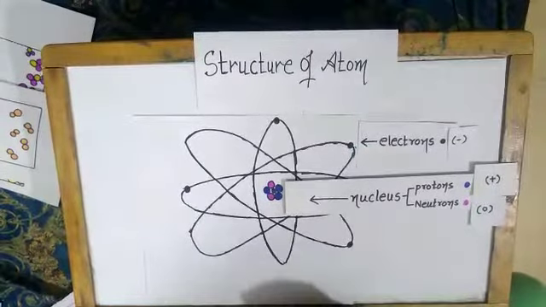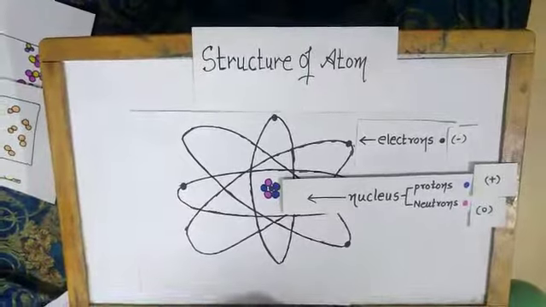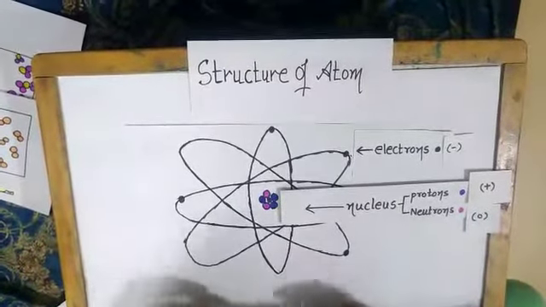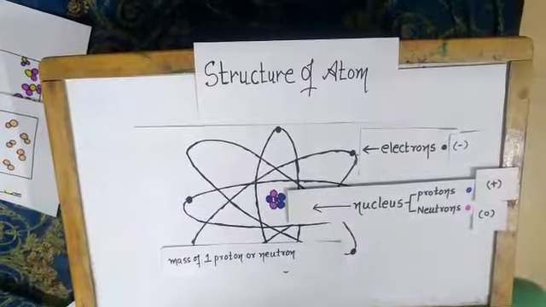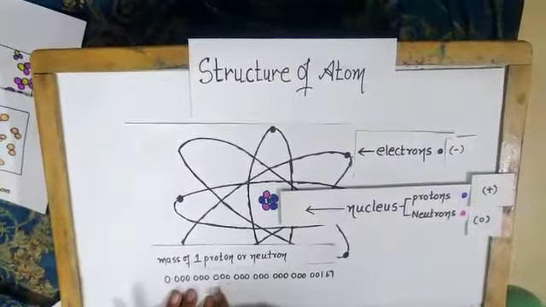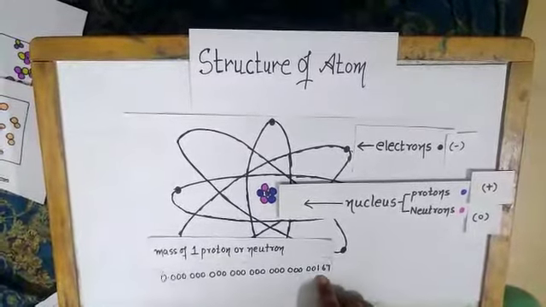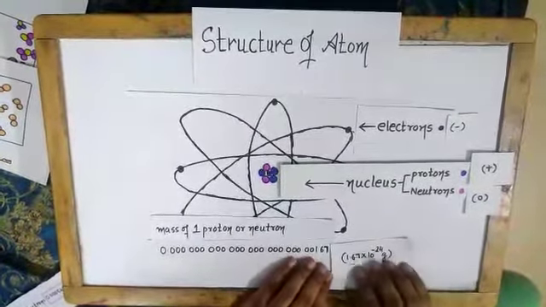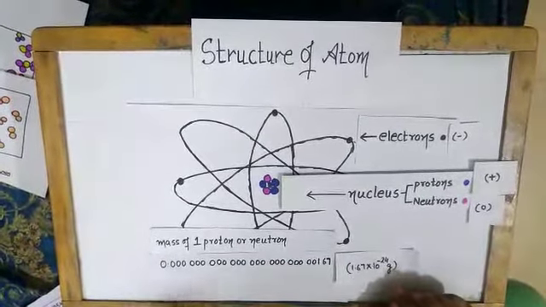Next, a very important thing to talk about after charge is the mass of the atom. You all know that protons and neutrons are there. The mass of one proton or neutron is this much gram, such a big number, equal to 1.67 into 10 to the power minus 24 gram.